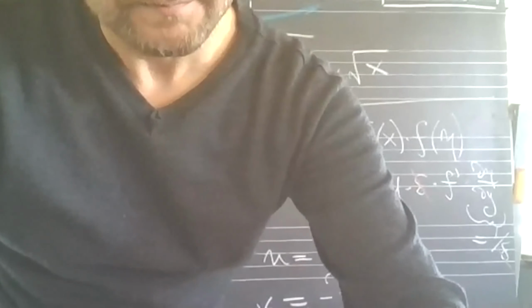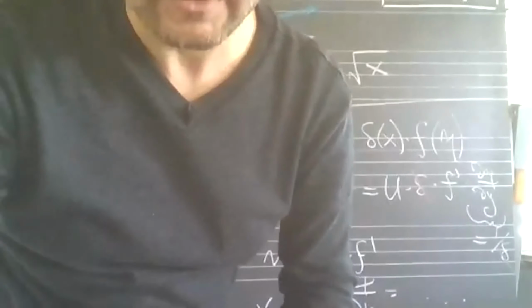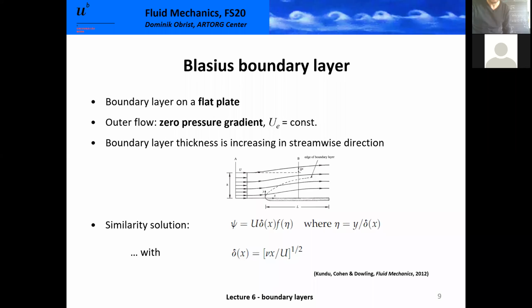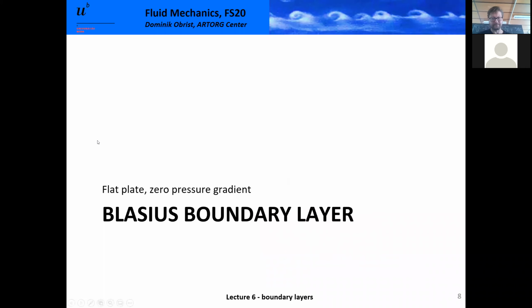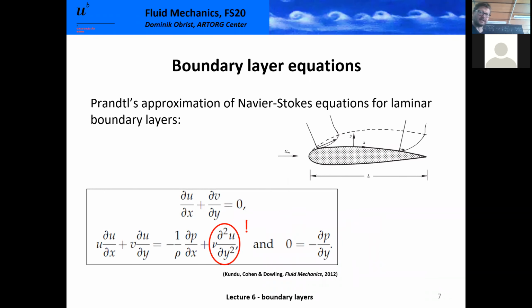And he would go back to his boundary layer equation. So I'm going back two slides now. And wherever he had a u, he would plug in this U times f prime. Here also the U times f prime. For v, he will plug in whatever v is. The pressure gradient actually by definition is 0 because he's looking at the zero pressure gradient problem.